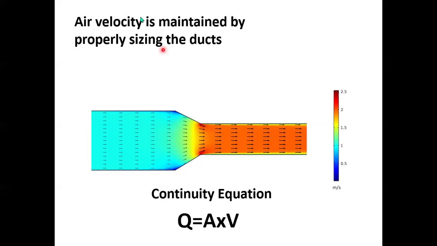Am I clear? Is it clear, guys? Once again, refrigeration is a process of heat transfer from a low temperature region to a high temperature region with the help of some external work.